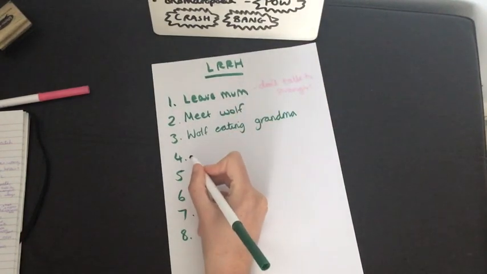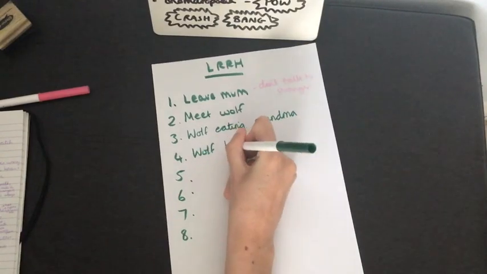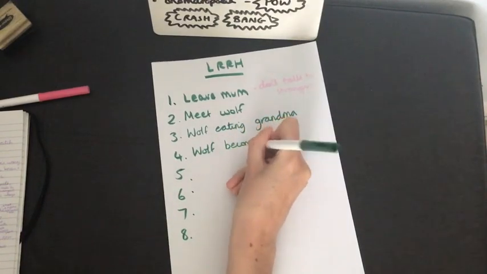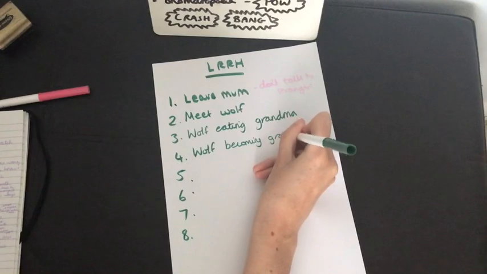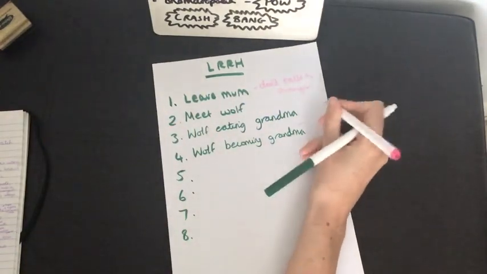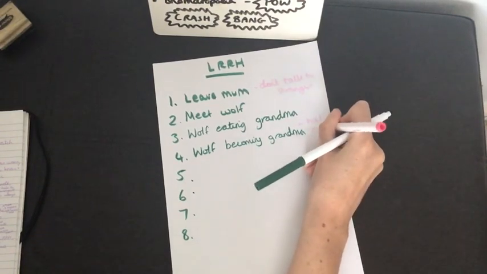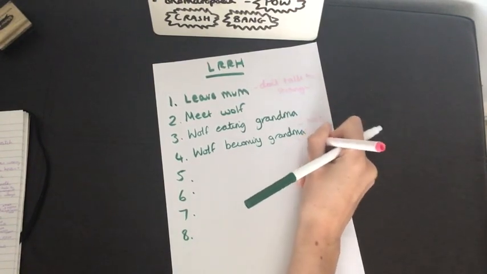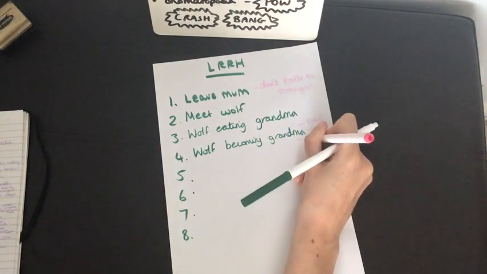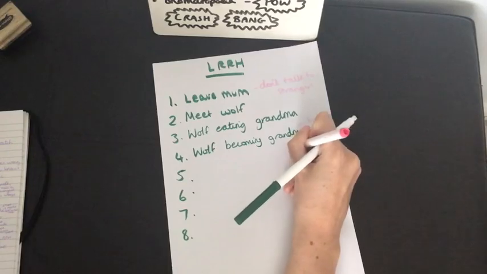The next part that's important is the wolf becoming grandma. And for that bit I definitely need to make sure she's got grandma's hat, her nightie, her lipstick maybe, and she gets into the bed.